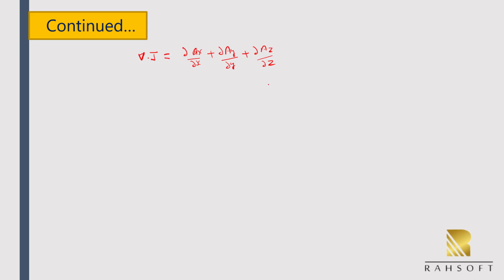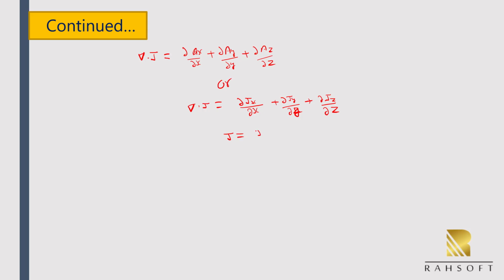Or if you want to write it in the current density J form, del dot J is equal to del Jx over del x plus del Jy over del y plus del Jz over del z.